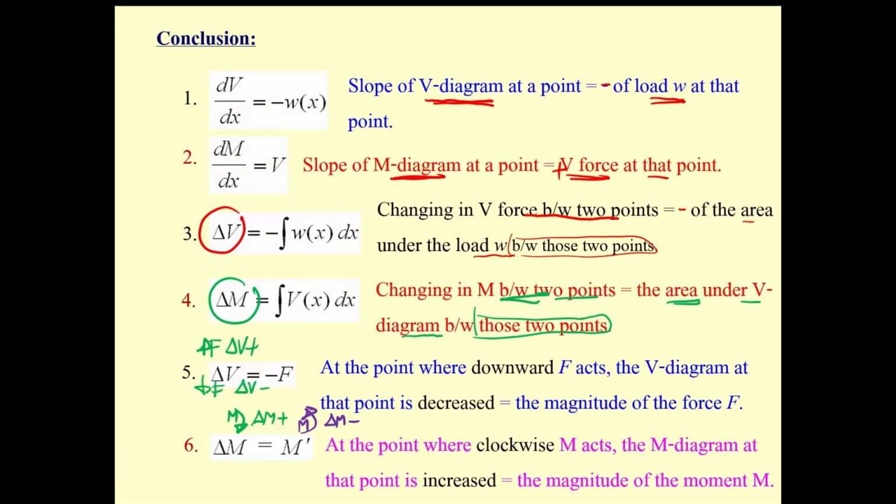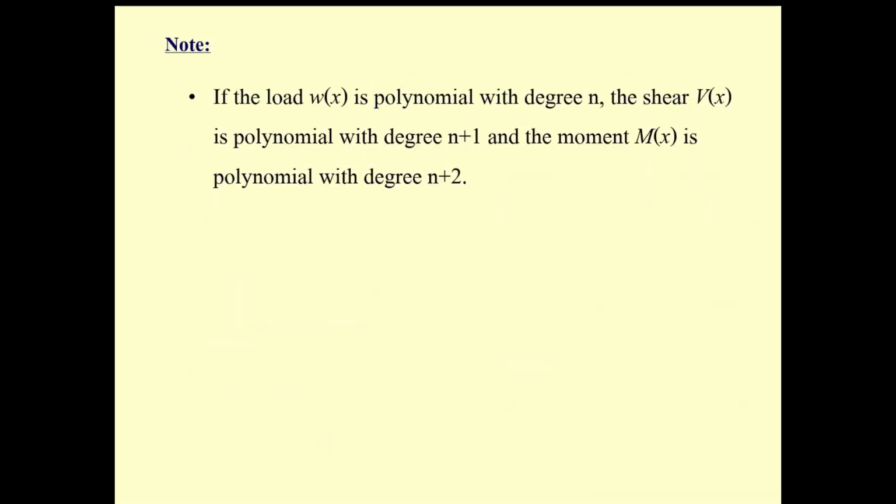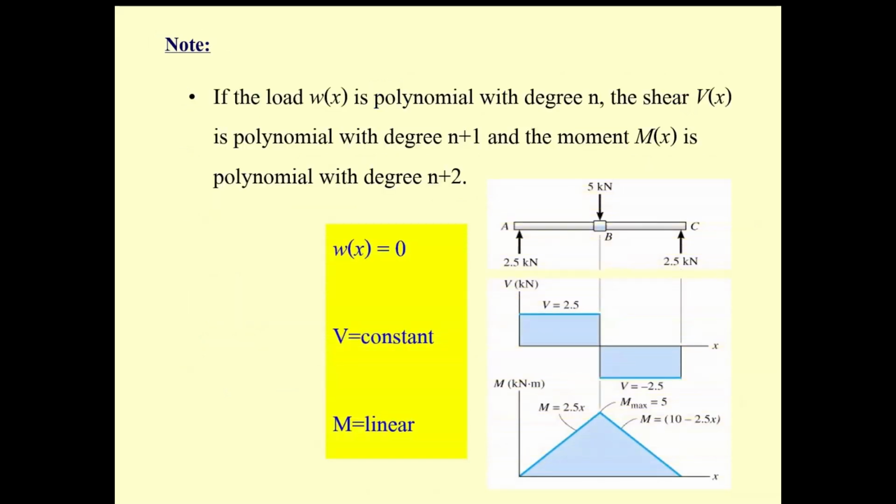I took 1 hour to explain the way you should work and the points you should remember and understand. Typically, for Professor Beer and Johnston's textbook, you will get that. Coming to this one again, W is constant, V is going to be constant, M is going to be linear.